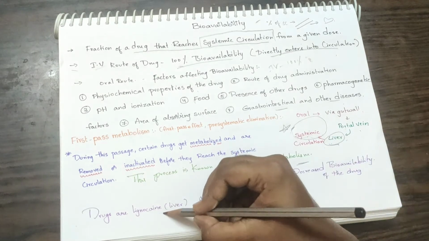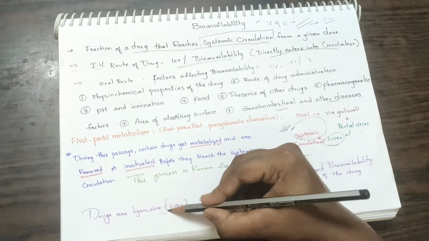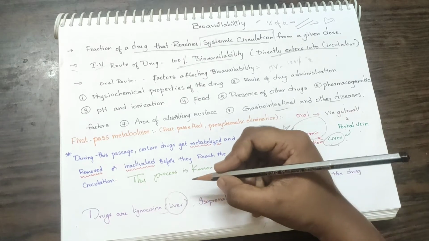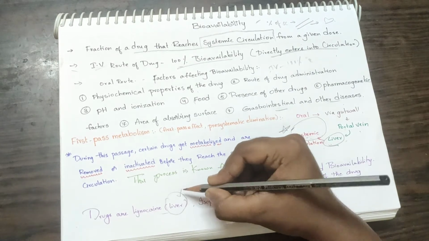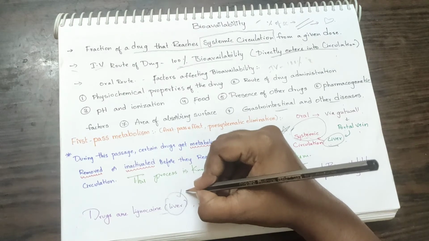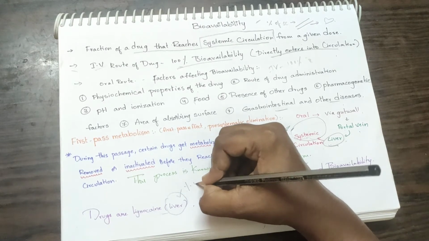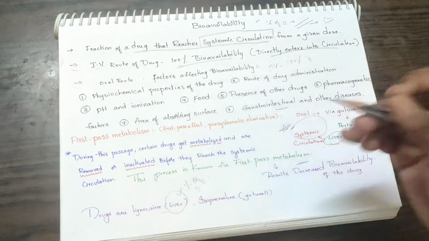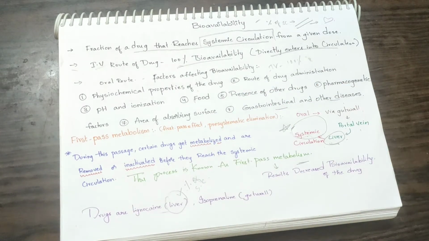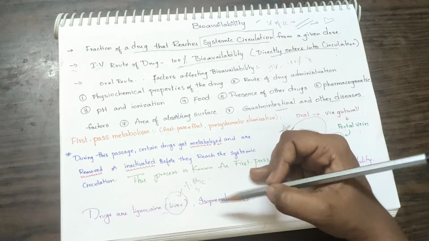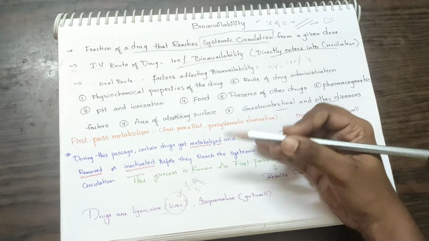For example, lignocaine undergoes first pass metabolism in the liver. There is so much first pass metabolism that the percentage of drug entering the systemic circulation decreases greatly. So we do not give lignocaine by the oral route, because we would have to give a larger amount of drug.